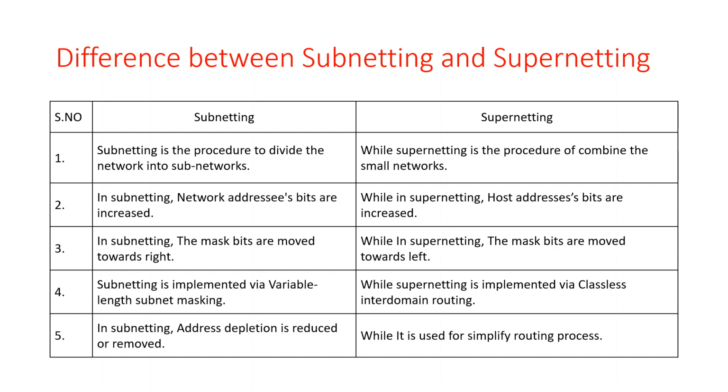Third point: in subnetting the mask bits are moved toward the right, while in supernetting the mask bits are moved toward the left. Fourth point: subnetting is implemented via variable length subnet mask, and supernetting via classless interdomain routing. And the last point: in subnetting address depletion is reduced or removed, and supernetting is used for a simplified routing process.